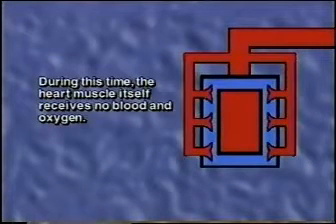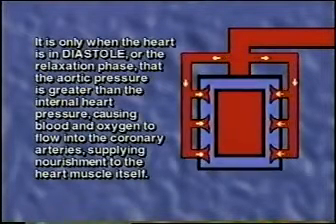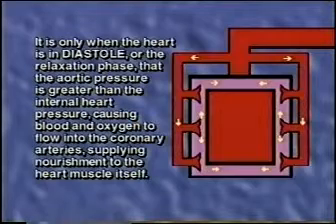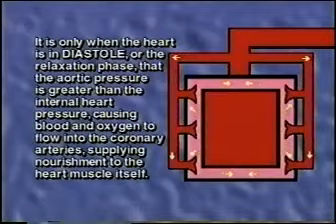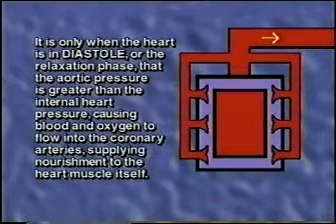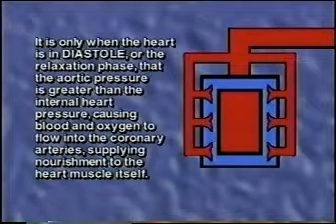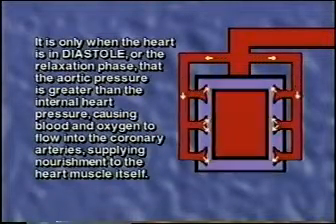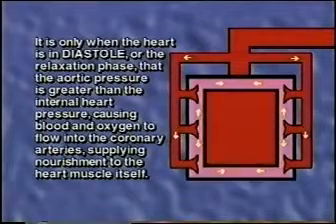During this time, the heart muscle itself receives no blood and oxygen. It is only when the heart is in diastole, or the relaxation phase, that the aortic pressure is greater than the internal heart pressure, causing blood and oxygen to flow into the coronary arteries, supplying nourishment to the heart muscle itself.